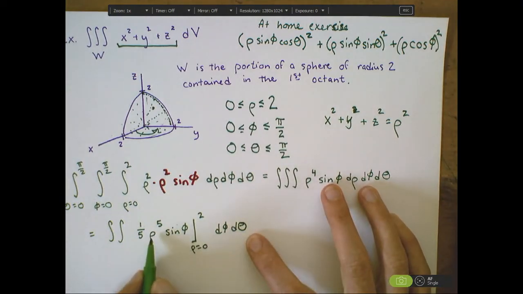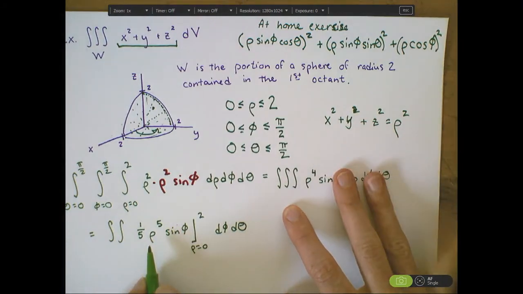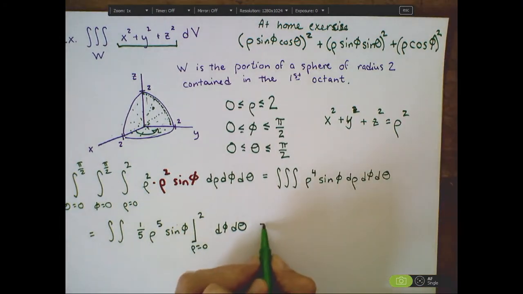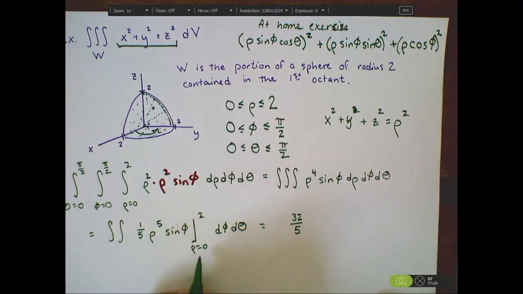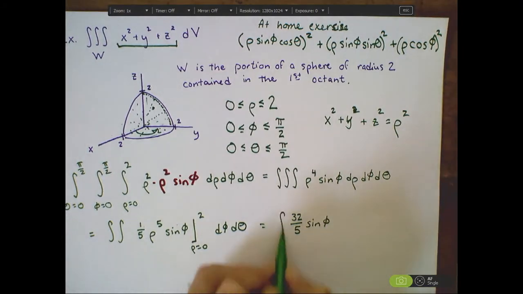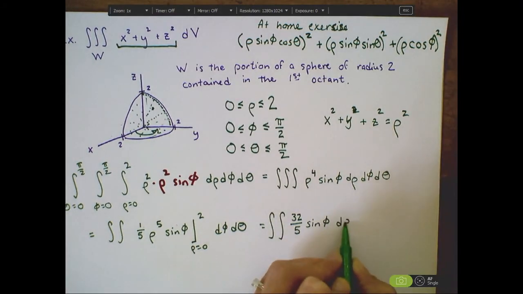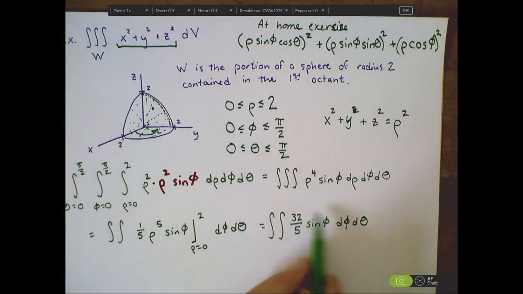If I plug in 2 to the 5th, that's 2, 4, 8, 16, 32 over 5, minus 0 over 5, times the sine of phi, d phi, d theta.